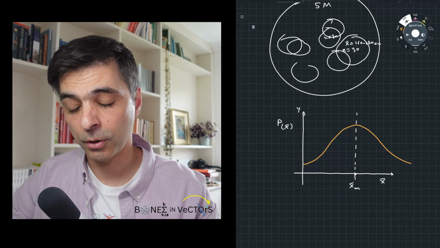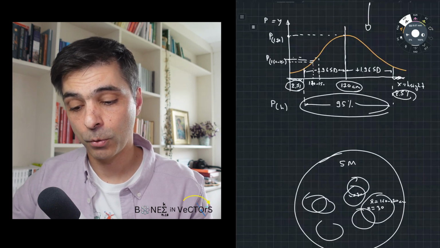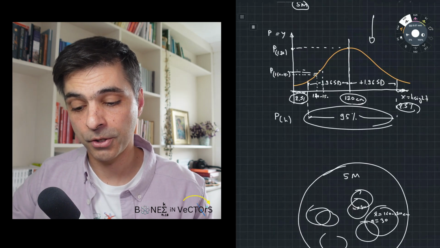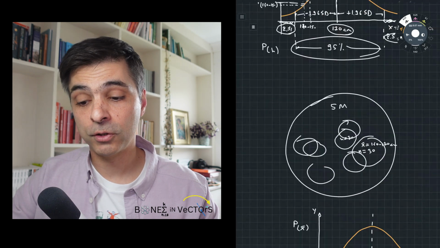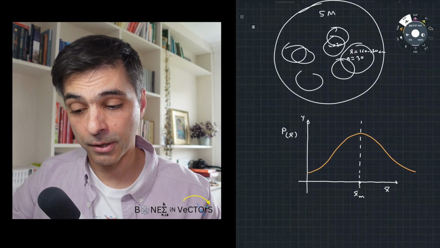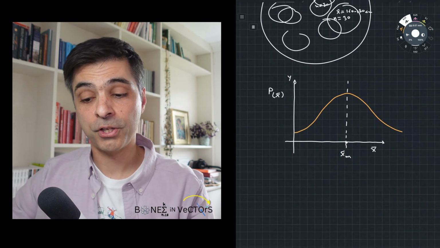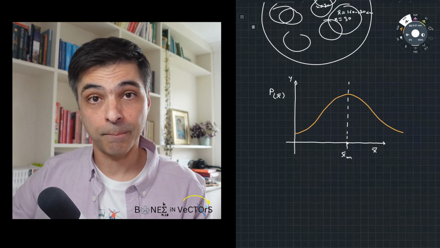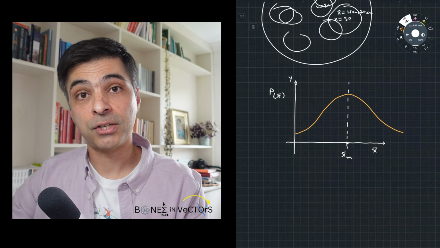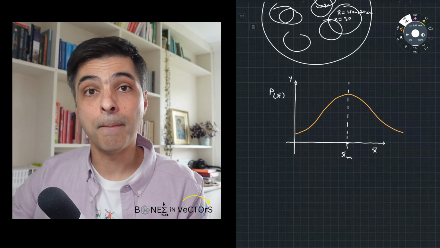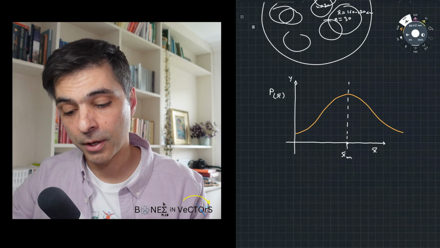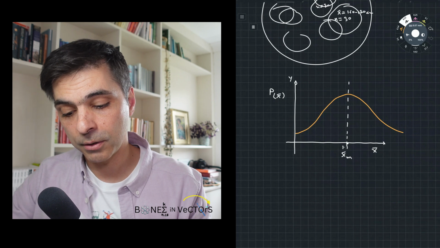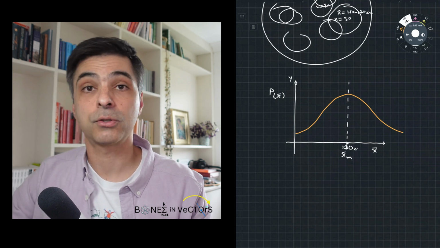So if we go to the graph of the individuals, we said that the mean was 170. So if we take multiple samples of these individuals and we measure the mean of the heights in this sample, and then we take the mean of these means, they will be 170 centimeters.